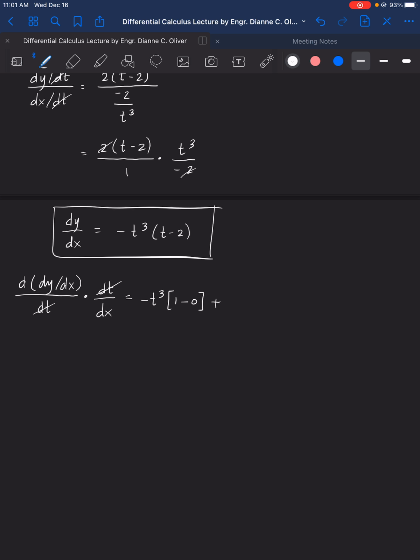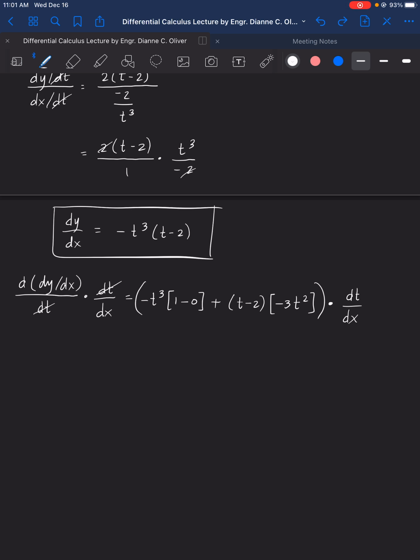So we're doing a derivative of a product. So t minus 2. So derivative of product, they are addition. Then derivative of negative t raised to 3, negative 3t squared. Then all of this we will multiply with dt over dx, just to balance the equation. Since we have dt here, we have dt over dx there also.